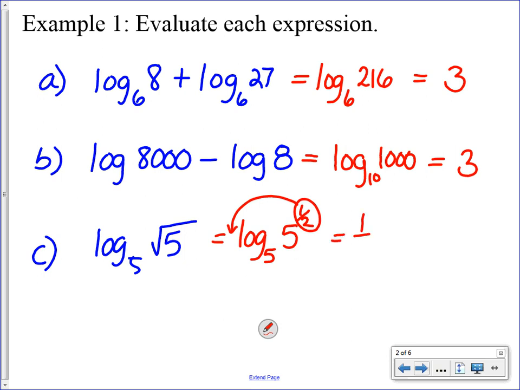So this will become 1/2 times the log base 5 of 5. Now, if you remember the basic properties of logarithms, log base 5 of 5 would equal 1. So this just becomes 1/2 times 1, which equals 1/2.